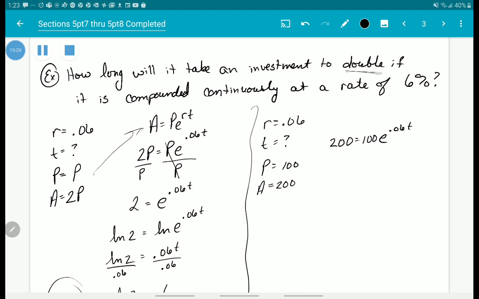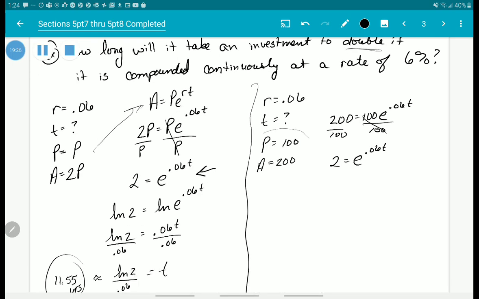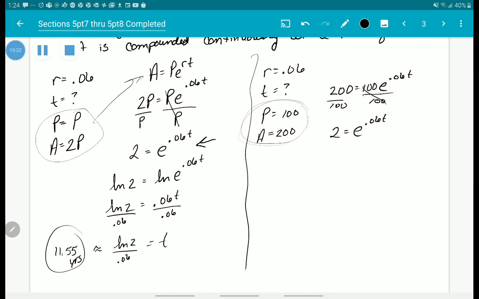So that's your first step. Divide everything by 100. So we're going to have 2 is equal to e to the 0.06t. Now look, we are right back at this step, so everything works the same way from here. So it truly doesn't matter whether you go very generic or very specific, and it doesn't even matter what number you pick here as long as you double it here.